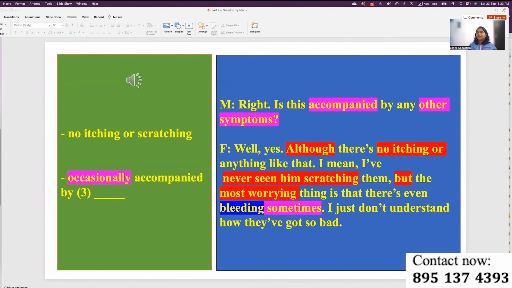So bleeding is the answer, and occasionally means the synonym for sometimes used here. So like that, while practicing, just give importance to these contrast words, modal verbs, scales, everything. Okay, there will be answers. So here the third answer is bleeding. Okay, we will go to the next slide.